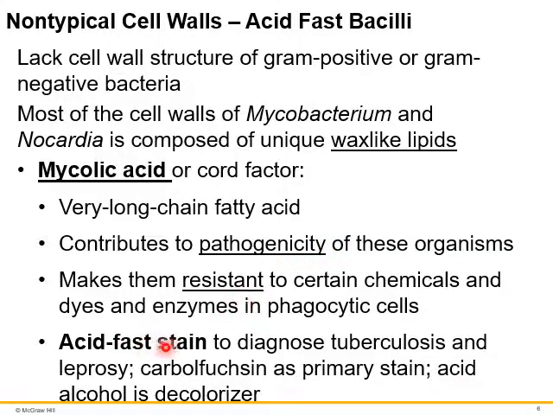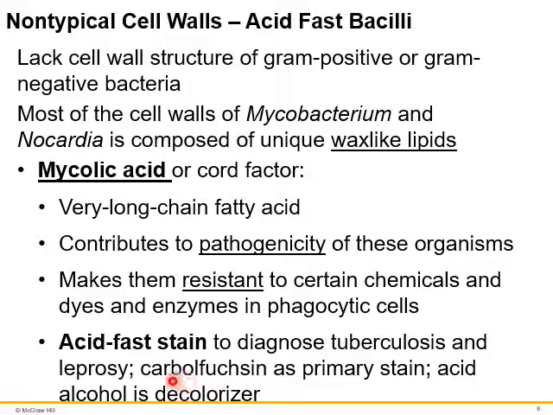Now, in order to stain them, if you're trying to use a stain that's ionic, it's not going to have any attraction for that waxy cell wall. And so they use acid-fast staining. Acid-fast staining relies on a stain that has fuchsin in it, which is a fuchsia color stain, but it is combined with phenol, which is a very hydrophobic antiseptic.